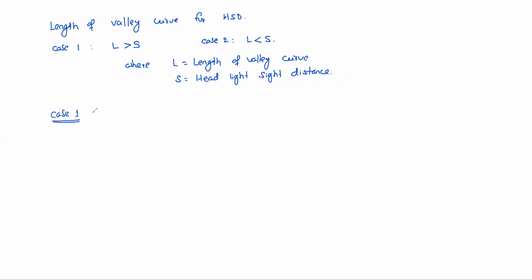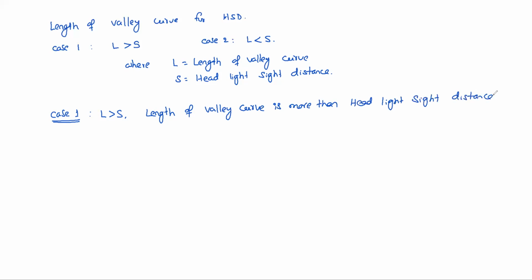In case 1, L is greater than S. That is, the length of valley curve is more than the headlight side distance. That is case 1.